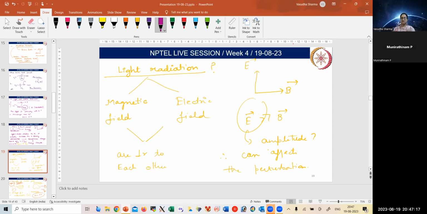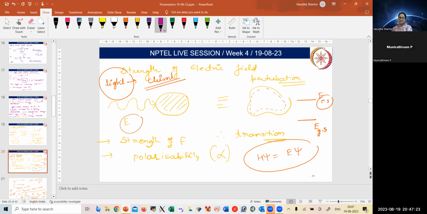Then again, we have already explained that light comprises two things, the electric field and the magnetic field. When the electric field strikes your matter, which has electrons, electron redistribution happens. The charge density is going to redistribute. First it was spherical or circular, otherwise it will take a different shape.